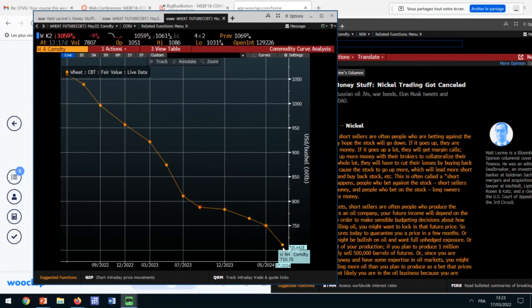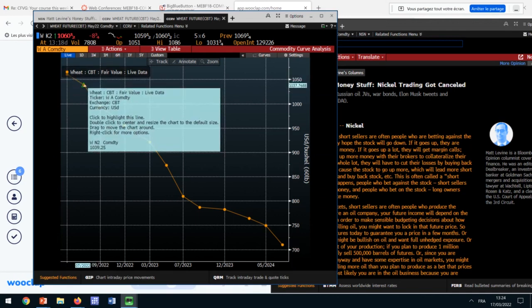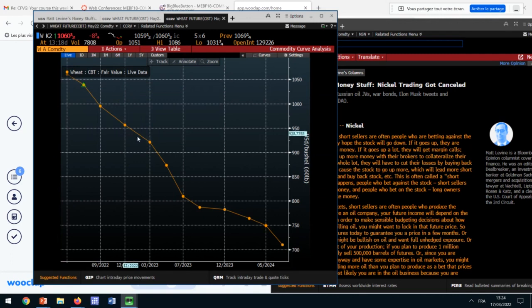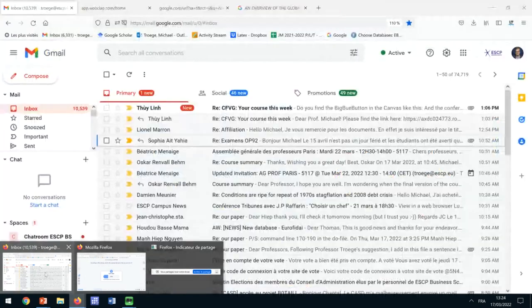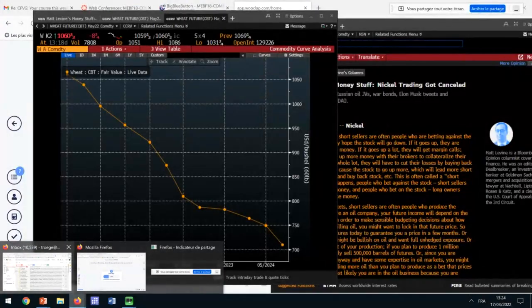Because everybody thinks that in 2 years this war problem is over and that we will be able to buy again wheat from Ukraine. So apparently in September, and even for next year, a lot of traders anticipate still problems with the wheat.